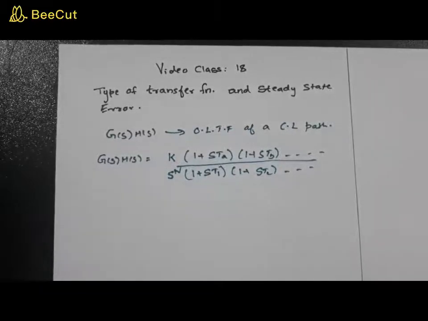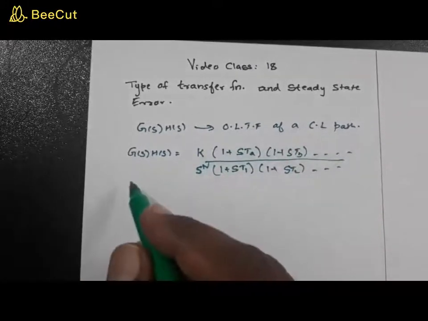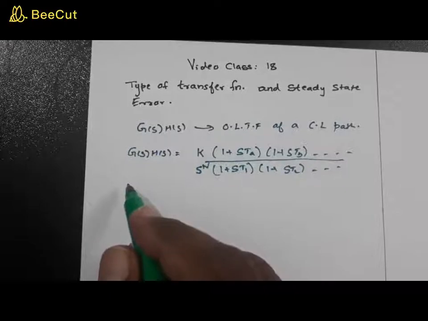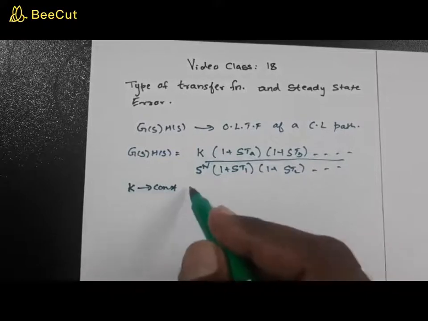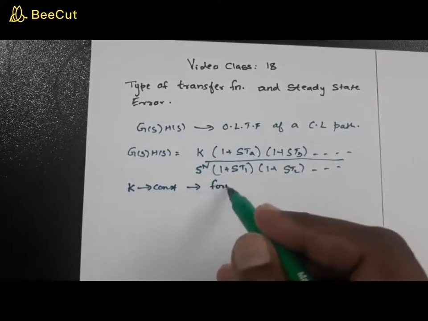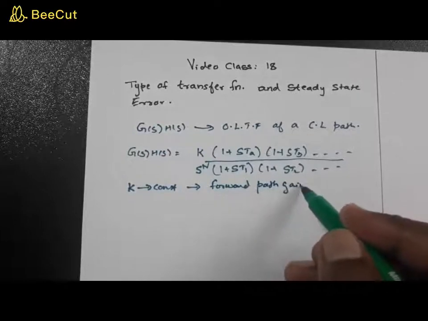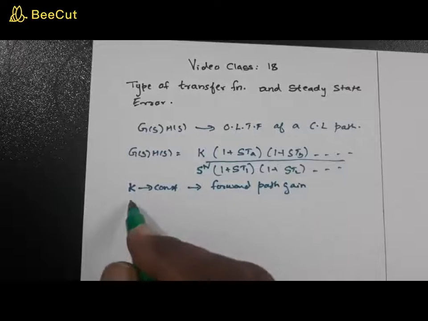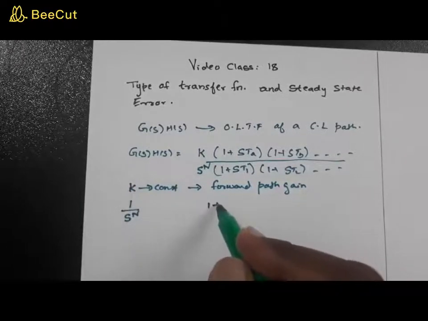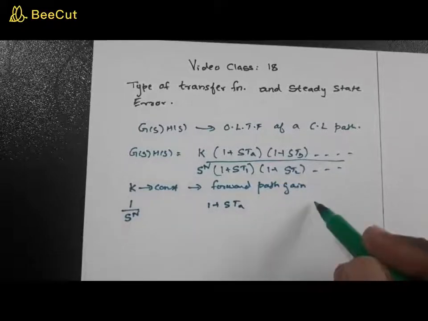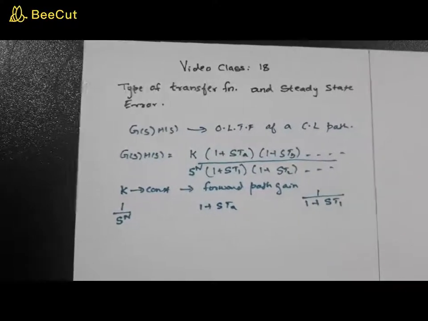If you analyze this, you can have four different terms. K is called a constant, or also the forward path gain. Then you have a 1 by s raised to n term, a (1 plus sTa) term, and a 1 by (1 plus sT1) term.